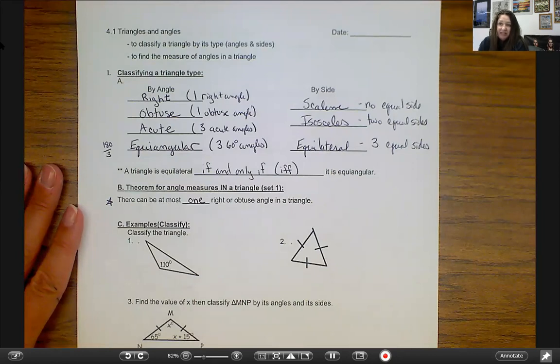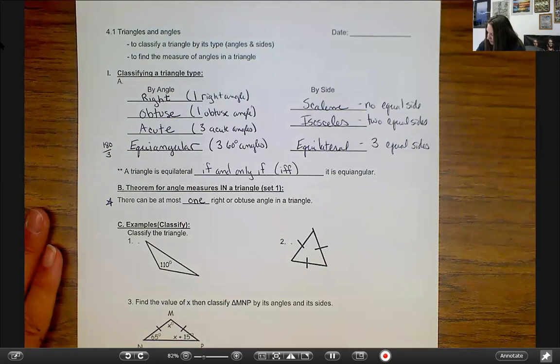Now obtuse angles are even bigger than 90, so those two together would already be over 180 and couldn't create a triangle. So if you're going to have a right angle or an obtuse angle, you can only have one in the triangle itself. Okay, so let's look at a couple of pictures here and try to classify our figures.